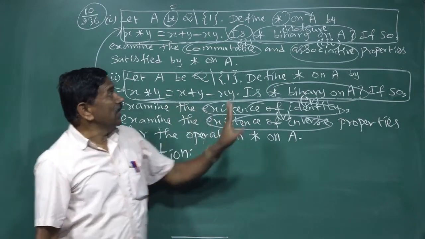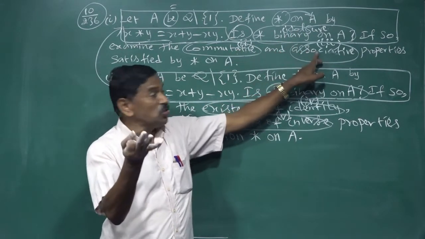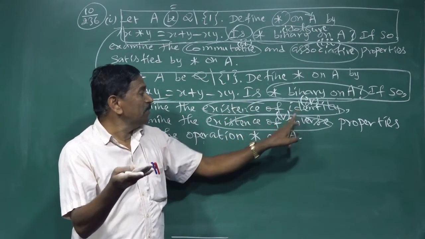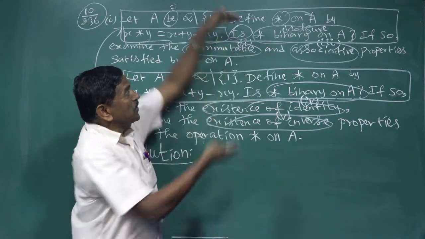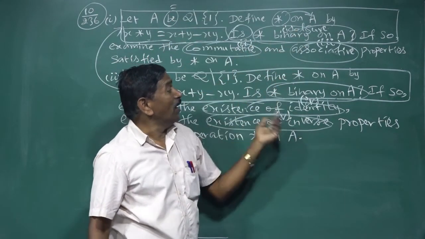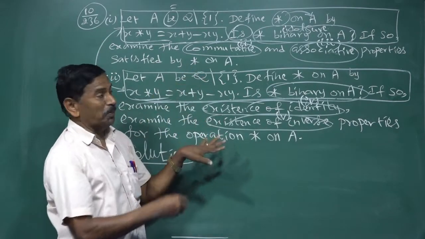Now, listen, we want to verify closure axiom, commutative axiom, associative axiom, and then identity axiom and inverse axiom. Suppose the first part alone is a 3 mark question, it means only 3 topics. And suppose the second part alone is a 3 mark question, here also 3 topics.